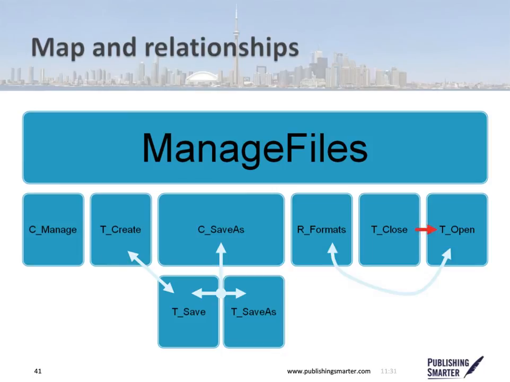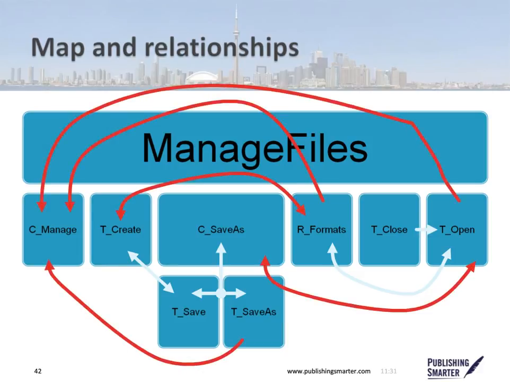While we're on the topic of building links, if you close a file, probably you want to open up the document at some point in the future. So I guess I'll put in another link there because I'm the writer. I've got a bunch of stuff and I may as well build links because that's the fun thing to do. Since it is fun, why don't I build links all over the place between all types of topics, and now every single topic in some way is probably connected to at least one or two other topics.